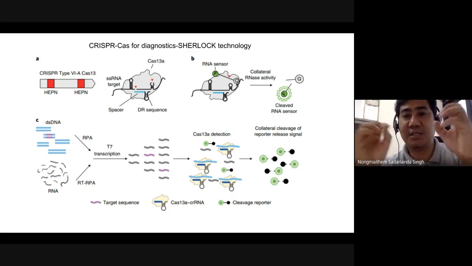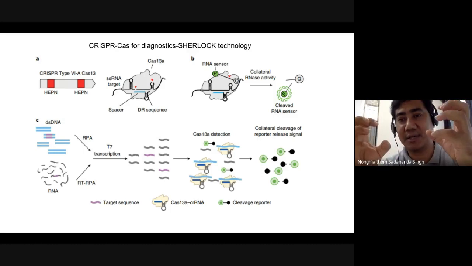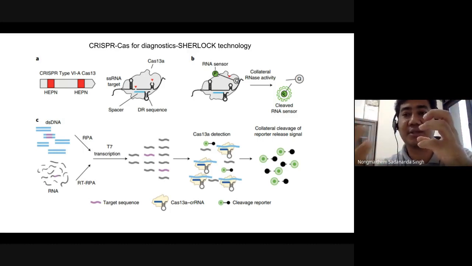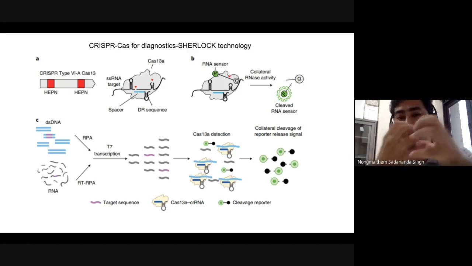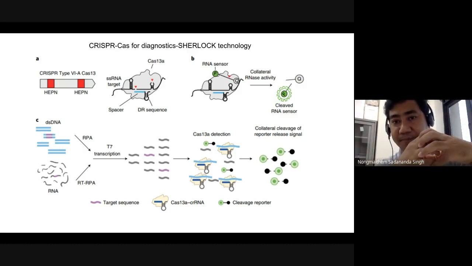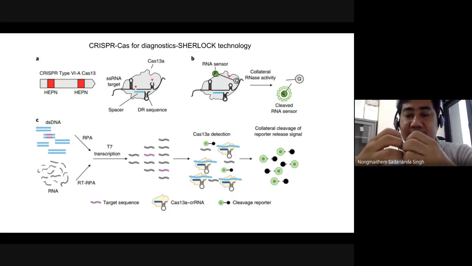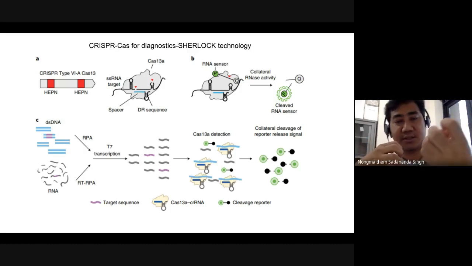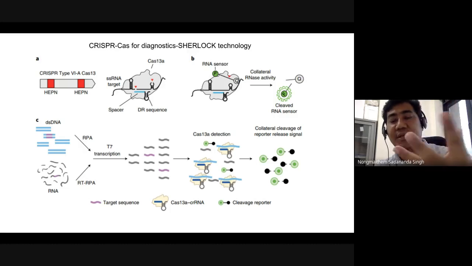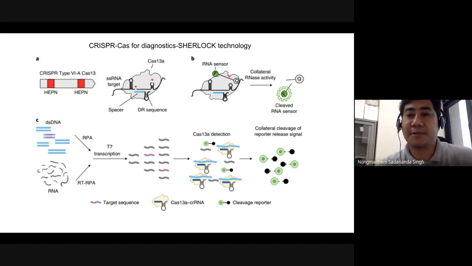Because in a single molecule, when the fluorescence marker and quencher are together, there is no fluorescence because the quencher is going to be quenching the fluorescence. Now, once the Cas13 cleaves this sensor molecule, the fluorescent segment is separated from the quencher. So then there will be fluorescence. Okay, so it can be utilized.